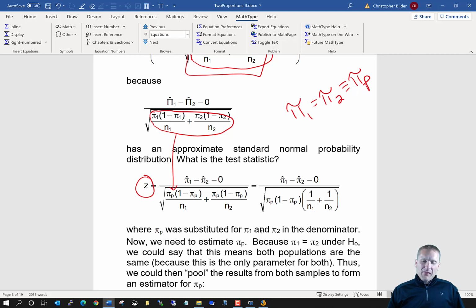So I'm going to write what I had above in terms of pi sub p. Now the math becomes nice because we can factor out pi sub p times 1 minus pi sub p, and we're left with 1 over n1 plus 1 over n2. This is then what we use for our test statistic value.